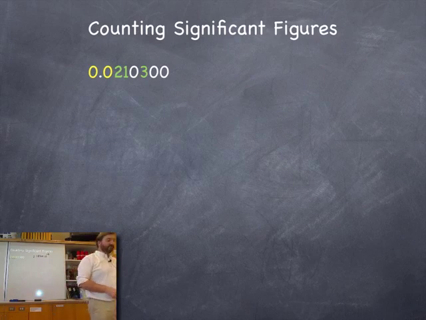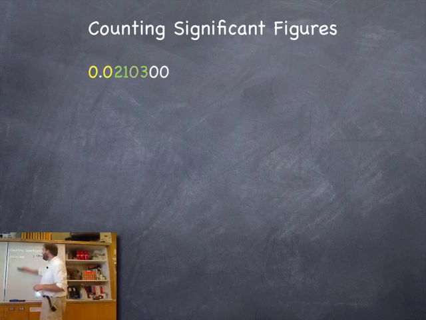Now, second category of zeros. That's an always sort of situation. A captured zero is the zero that is in between non-zero numbers. Captured between 2 non-zero numbers. Captured zeros are always significant.